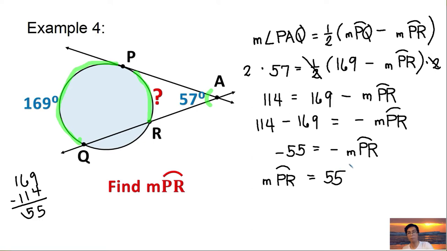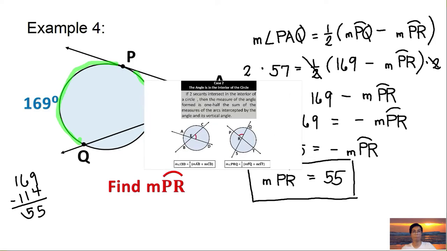Ayan. So, measure of arc PR is equal to 55. That's our final answer. So, I hope clear sa inyo yung case number 1. Case number 1, the angle is in the exterior of the circle. Yung angle niya ay nasa labas. Now, what if nasa loob naman yung angle?